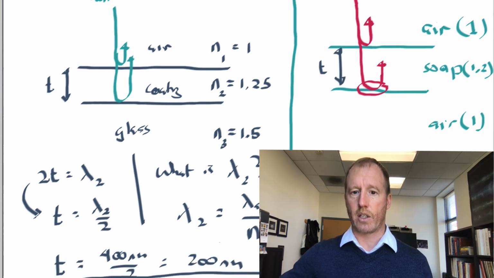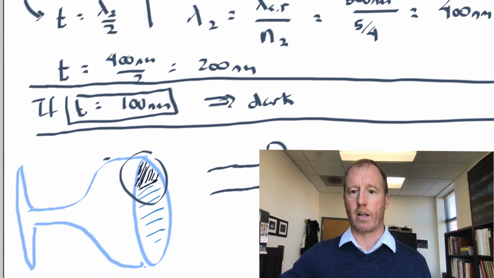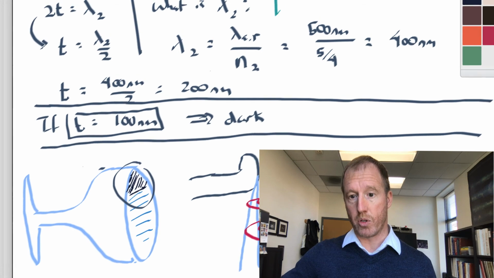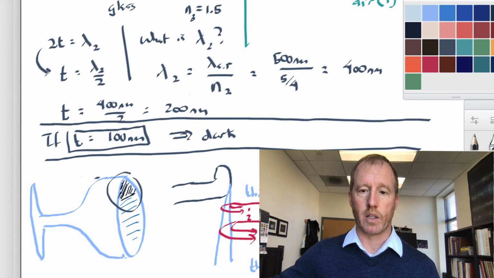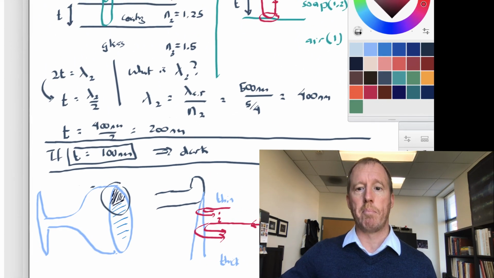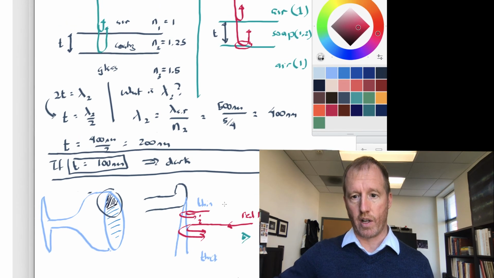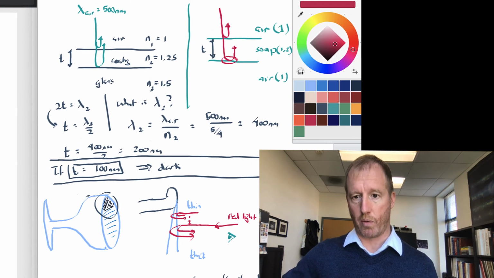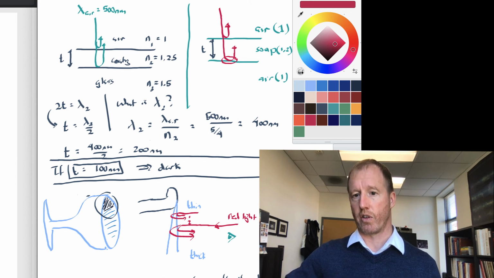And that's exactly why the top right here is black, because although there's no extra distance traveled by beam 2 compared to beam 1 when the layer is very, very thin, there's immediately a 1/2 wavelength phase shift of beam 2 as it reflects off the bottom or the left surface of the soap film, and that puts it exactly 180 degrees or a 1/2 wavelength out of phase with beam 1, and thus there's destructive interference.